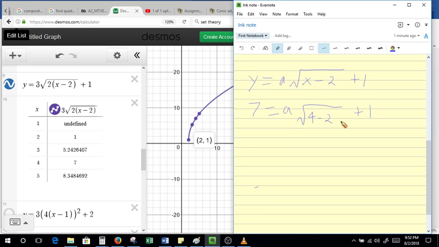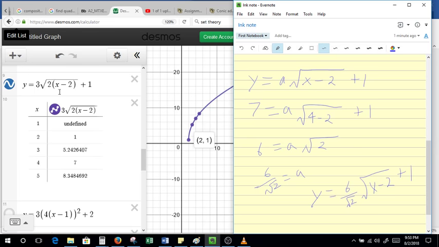And then we can move the 1 over, so that's going to become 6 equals a root 2. 6 over root 2 equals a. So then our final function would be 6 over root 2 square root of x minus 2 plus 1.